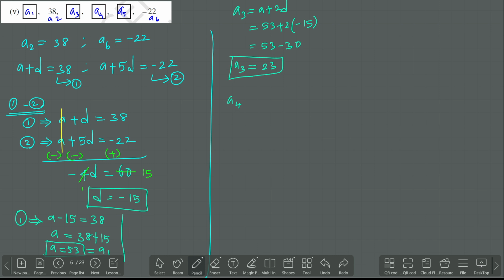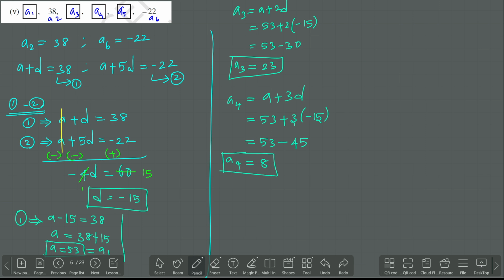A4 means A plus 3 times D. Okay, 1 less. When we say the fourth term, 1 number is less in D when we write. Okay. So A value is 53 plus 3 times D value minus 15. So what am I getting? 53 minus 45. When I subtract, 8. So A4 is 8. Right.